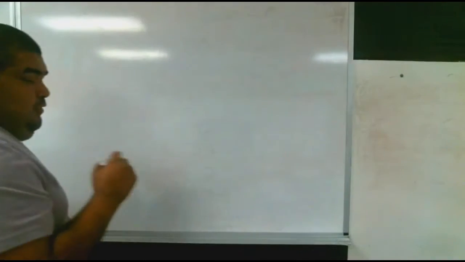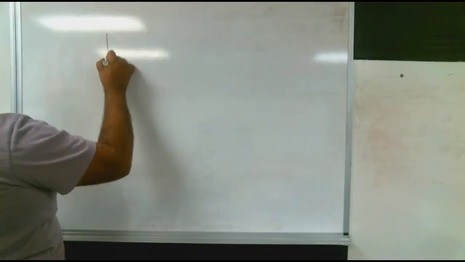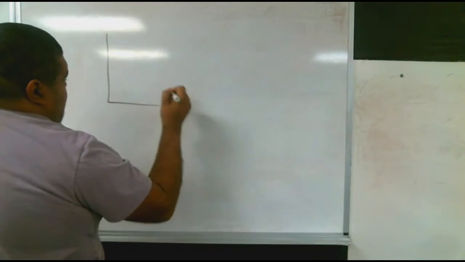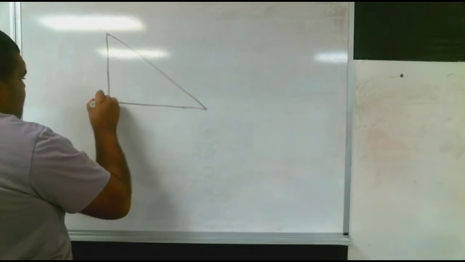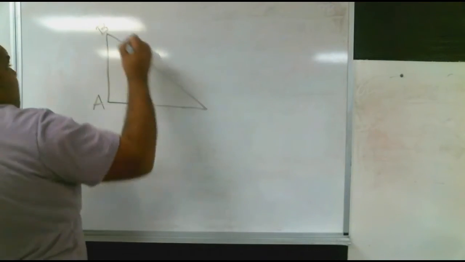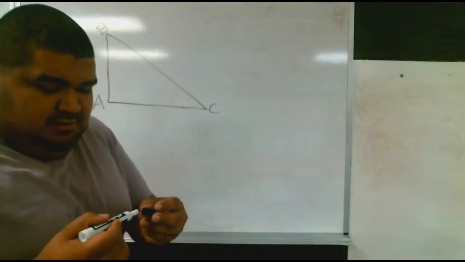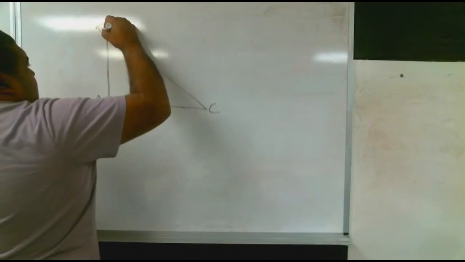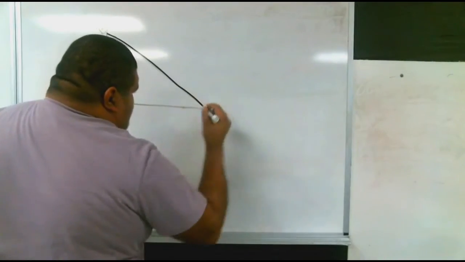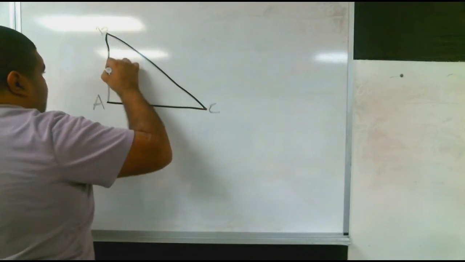All right, guys, your triangle is, let's do one of each, just to get the hang of it. We have A, B, C, in another color so you can see it a little better.